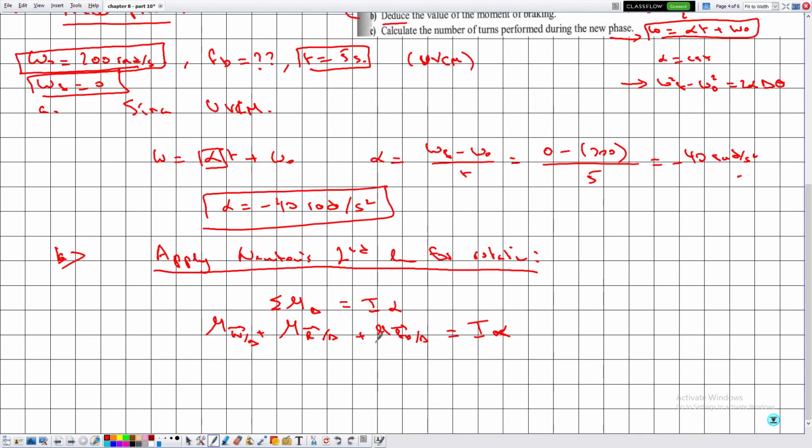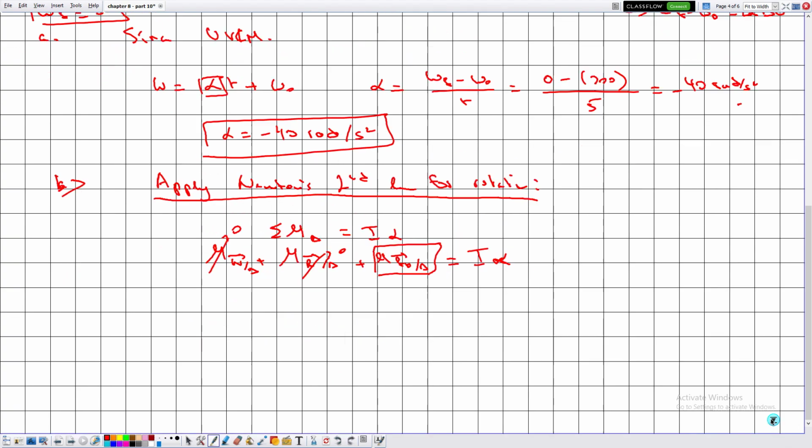We are not asked to calculate the distance or the magnitude of the force itself. The first two are 0 for the same reason. Now the moment of FB around delta is equal to I alpha.